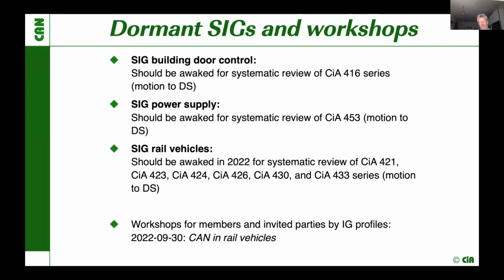The SIG rail vehicles is also a group which will be awakened this year, we hope, and they will systematically review all the documents in the series 421, 423, etc., because they also need to be updated because they are quite old.